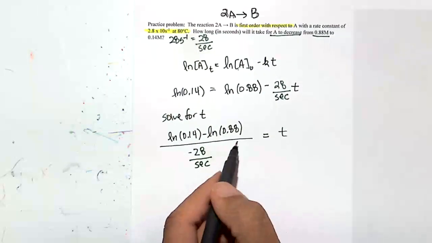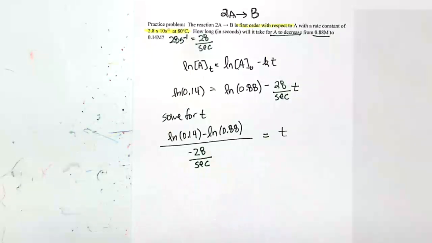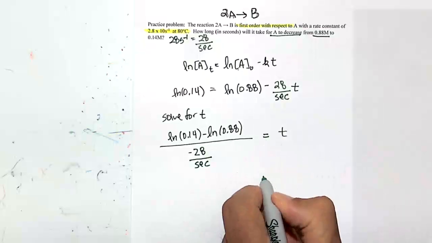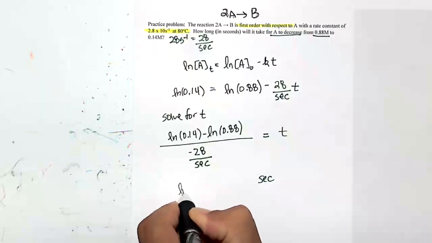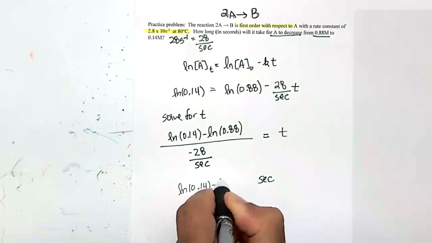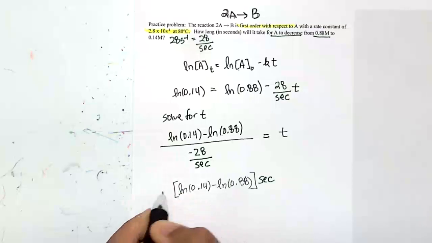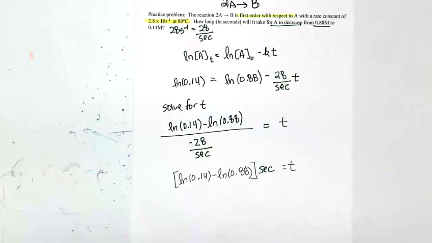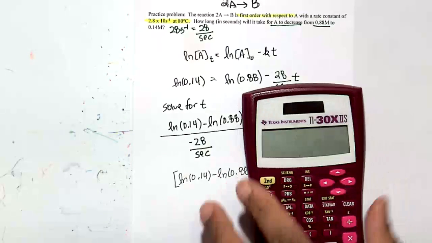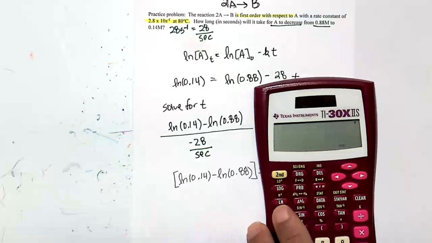The seconds that's in the denominator goes to the numerator, so that means seconds. And what's natural log of 0.14 minus natural log of 0.88? This will be our answer. You know how to do this on your calculator. Sam, you took calculus, so this should be easy for you.